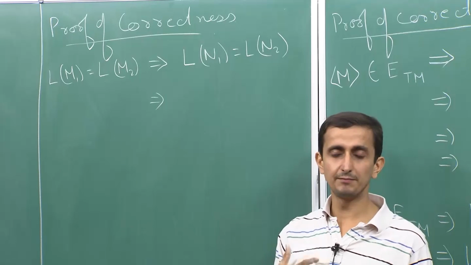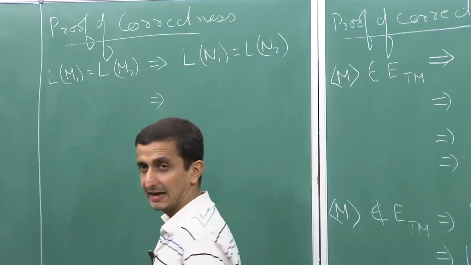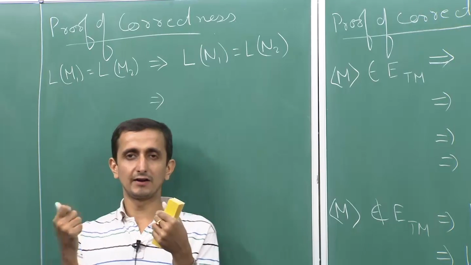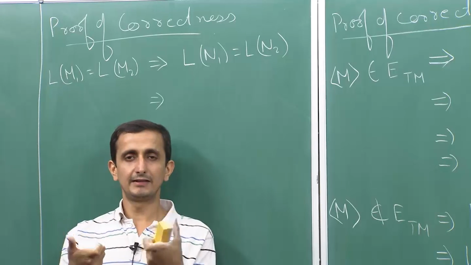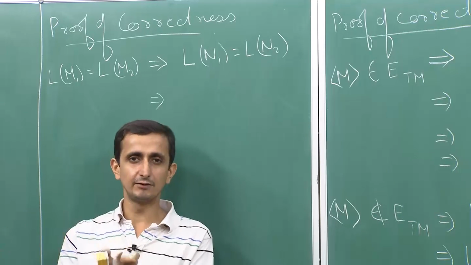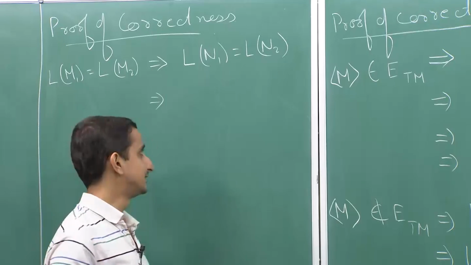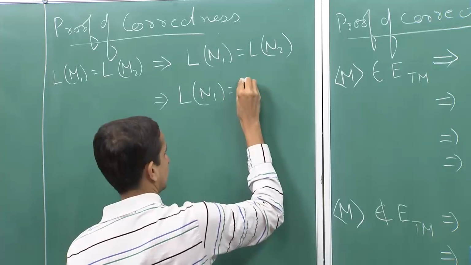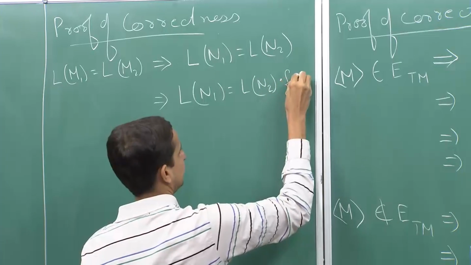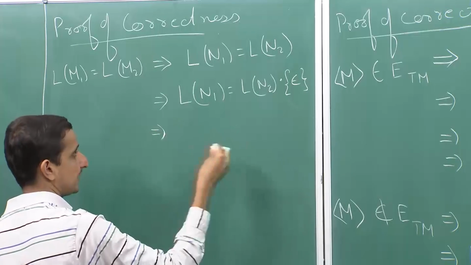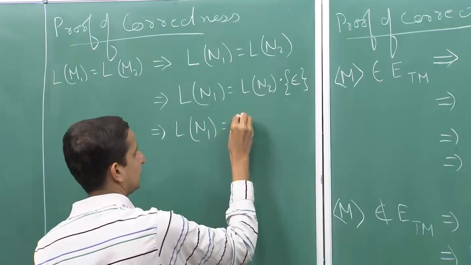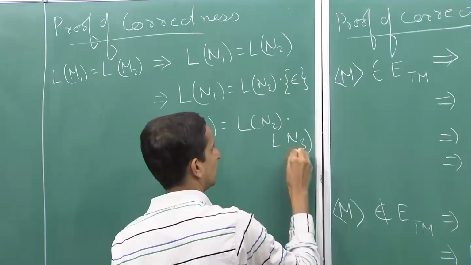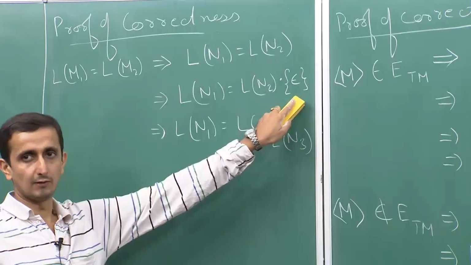I use an identity from regular expression. Okay, so, remember that we had an identity that suppose if I have a language L. So, if I concatenate L with the language which contains only the empty string, then I get the language L itself, okay, because the empty string concatenated with any string gives back the same string, hence I get the language L. So, this implies that L of N1 is equal to L of N2 concatenated with only the string epsilon, but by my construction this is nothing but L of N1 equals L of N2 concatenated with L of N3, because that is how I designed N3 to contain only the empty string.